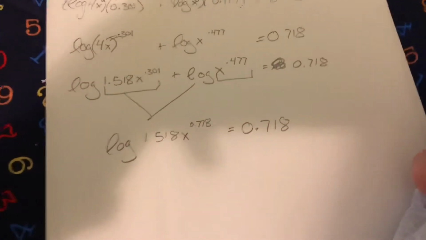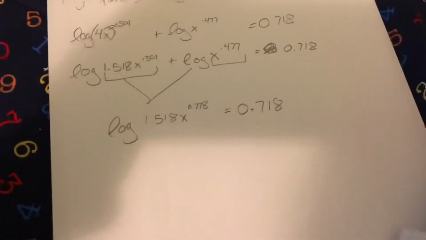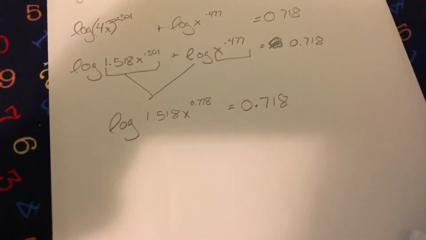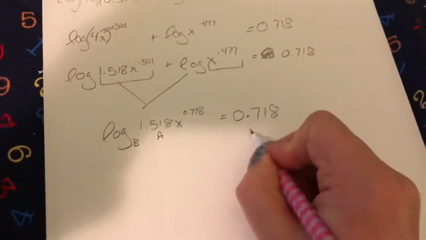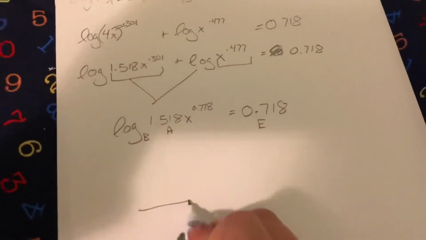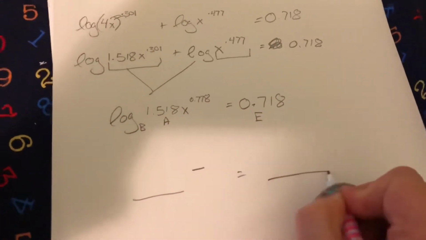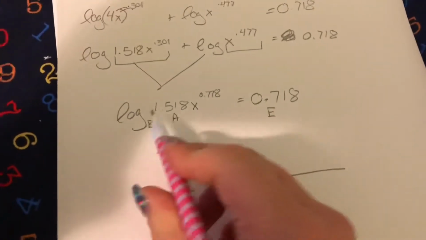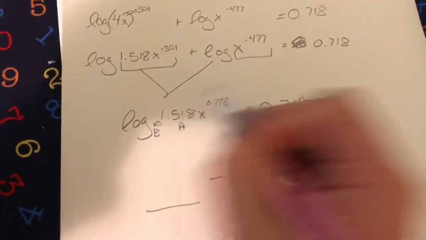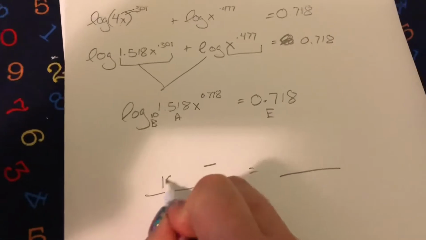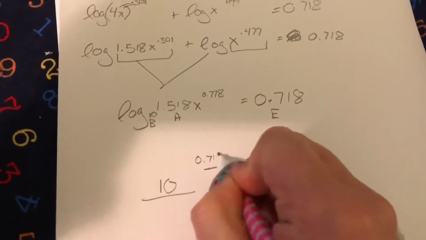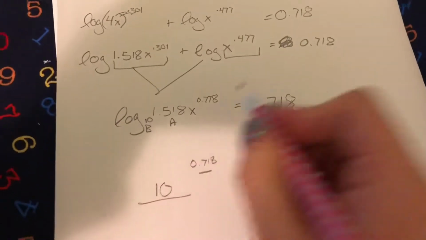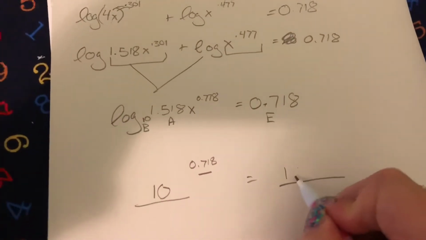Like that. Now I've got it to where it's ready to go into exponential form. So now I'm going to rewrite this in exponential form. Now since I don't see a base, obviously it's a common log. It's got a base of 10. So my base is 10. My exponent is 0.718. And this whole bit is what goes over here in the answer position.